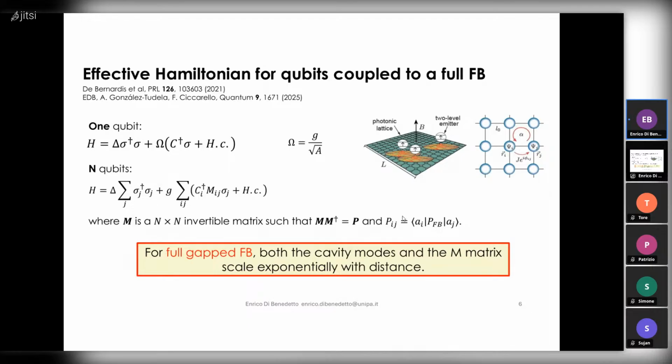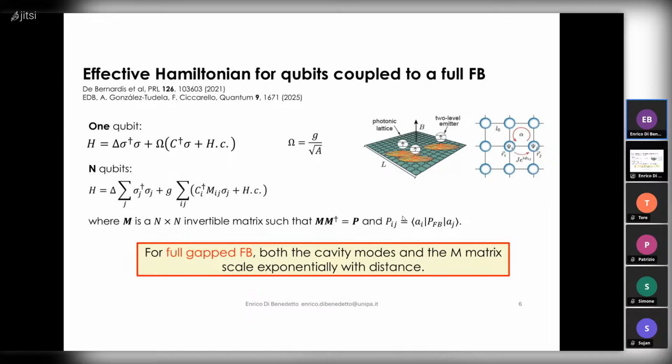So imagine that you have your spectrum, you have a series of bands, one of them is flat, and is gapped from the rest of the spectrum. What I can imagine is that I put some qubits and I can tune their frequency to be resonant or almost resonant with the flatband. In this way, basically, I can neglect the coupling to all the other bands, and I can just describe how my qubits are influenced by that platform.